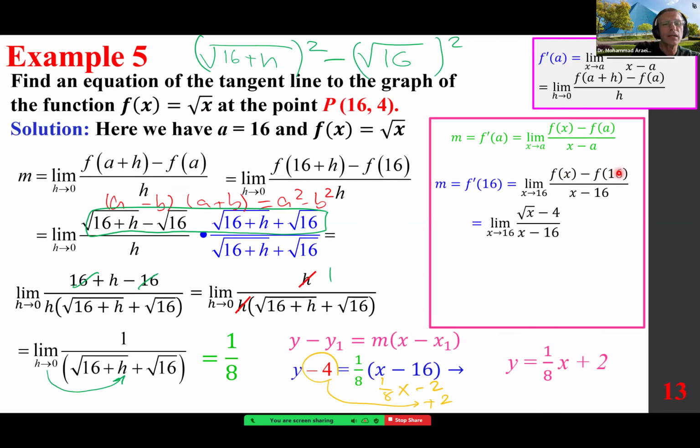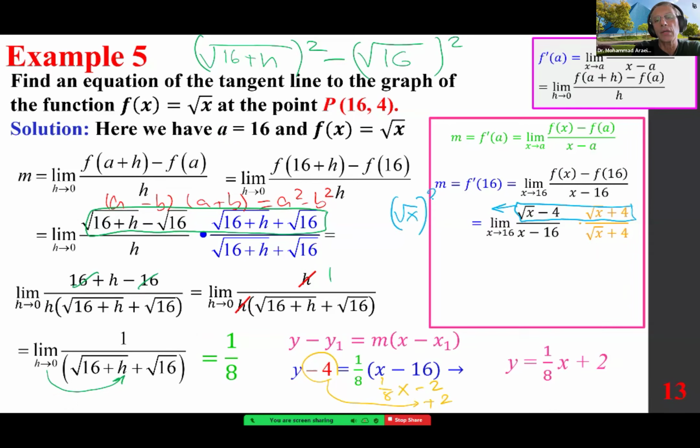Again, a situation similar to this. You are dealing with the square root. So you have to multiply by the conjugate of this guy, which is square root of x plus 4, and divide by it. And again, this expression, just like this expression, is 1, so this is acceptable. When you multiply these two, you get square root of x quantity squared minus 4 squared, which makes it x minus 16 in the numerator.